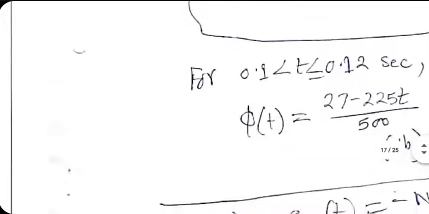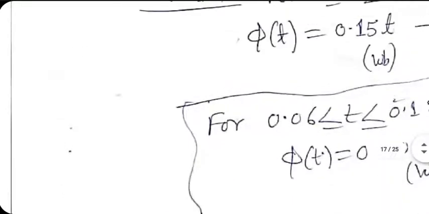This one with time. So 27 divided by 500 will not matter. It will be only minus 225 divided by 500. That would matter. And that should be multiplied by the number of turns, which is 500, I think, on the secondary side. Yeah. So do that.